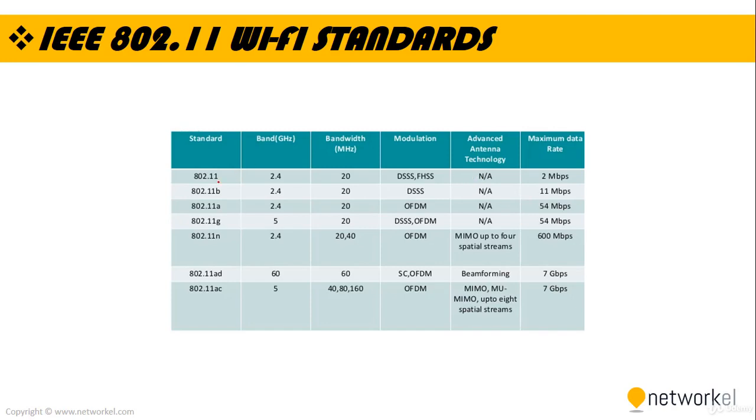In the first standard, which is .11, maximum data rate is 2 megabit per second. But in the .11ac standard, which is the latest standard, the maximum data rate is 7 gigabit per second. And in here you can see the frequency bands, bandwidths, modulation types, and advanced antenna technologies for each standard as well.